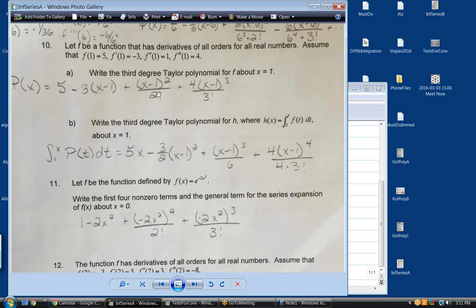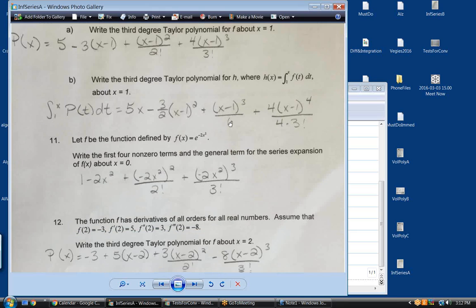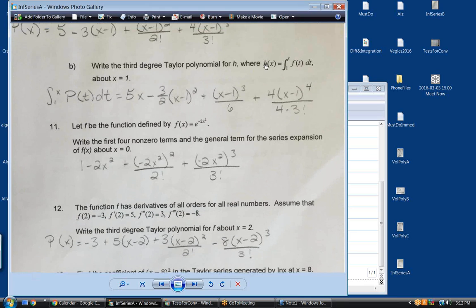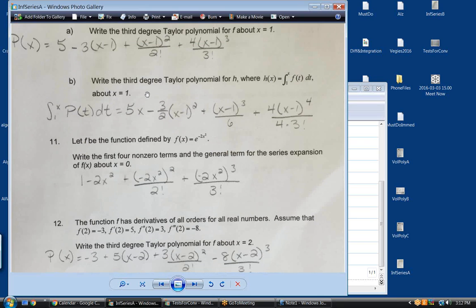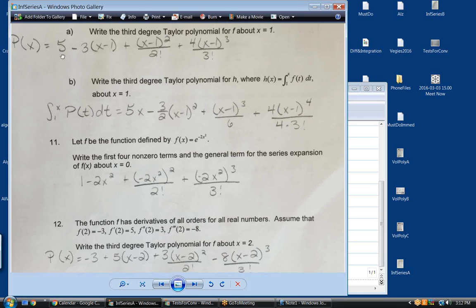And this one, pretty straightforward. That's f of a right there. It's 5. There's the minus 3 coefficient for the second term times x minus 1, because the thing is centered at 1. Write the third degree Taylor polynomial for h, where h of x equals the integral of this function, about x equals 1.